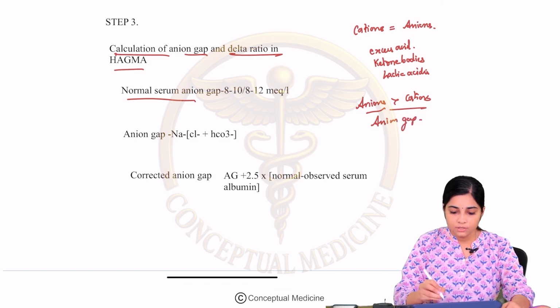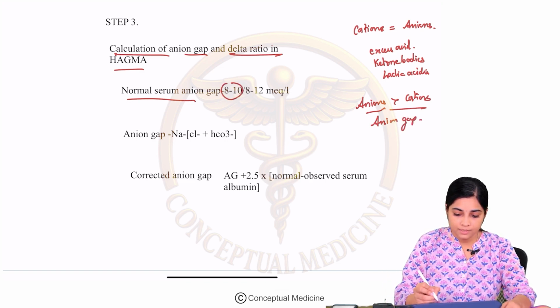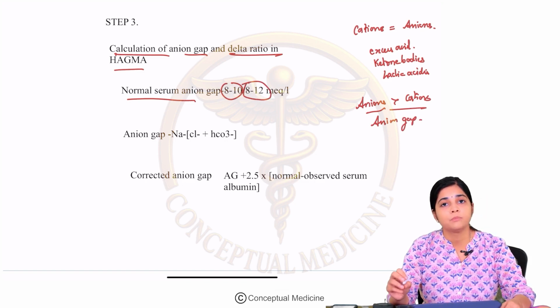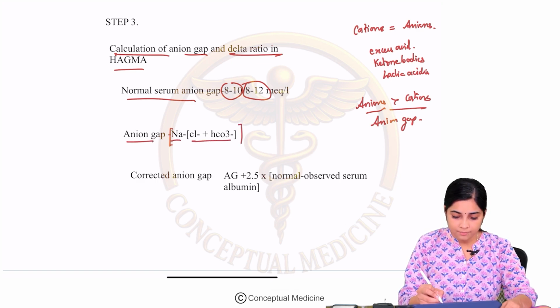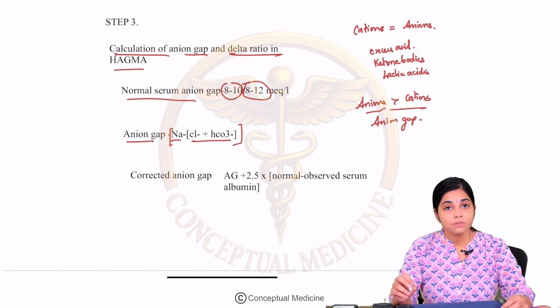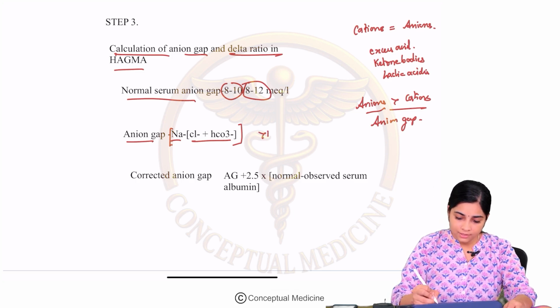So the normal anion gap is 8 to 10, or some people take it as 8 to 12 milliequivalents per liter. The anion gap is given by the formula sodium minus chloride plus bicarbonate, right? So the number of cations minus the number of anions gives us the anion gap. If this anion gap is more than 12, then this is a high anion gap metabolic acidosis.